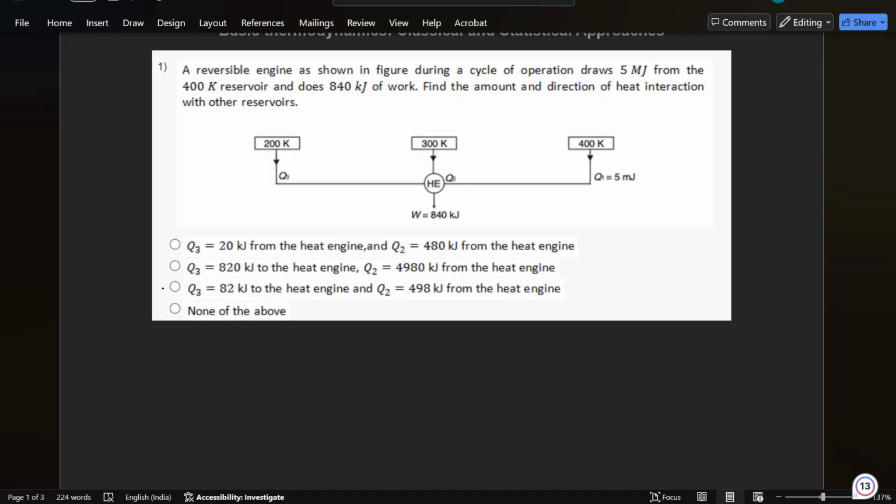So do you have an idea of how to do this? You can take a look at the problem for a minute and then tell me. Let me redraw it.